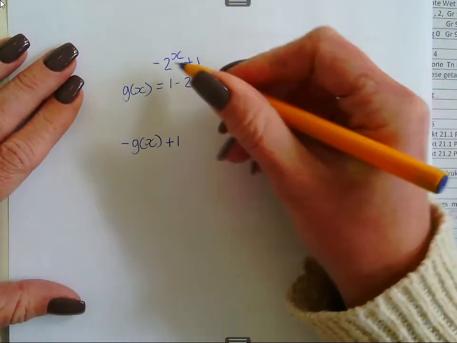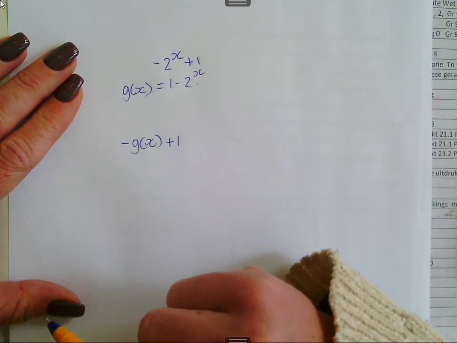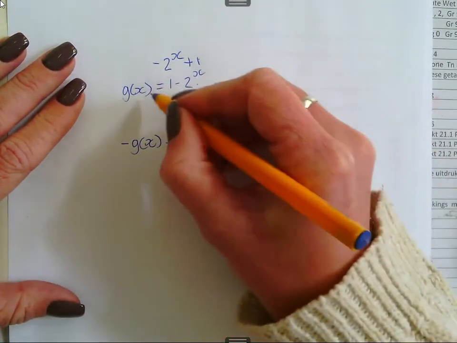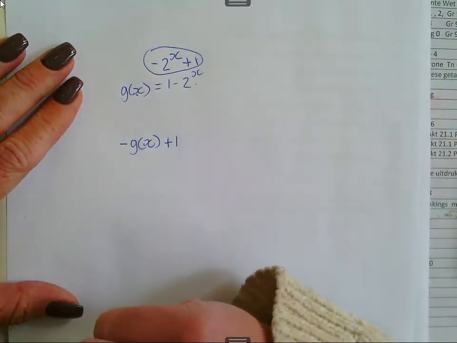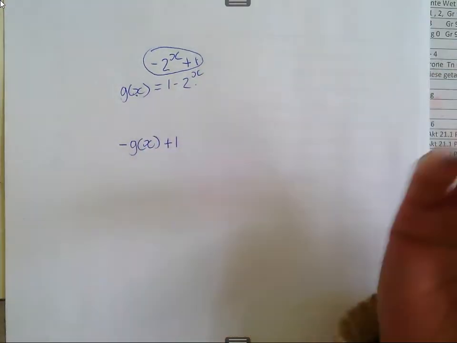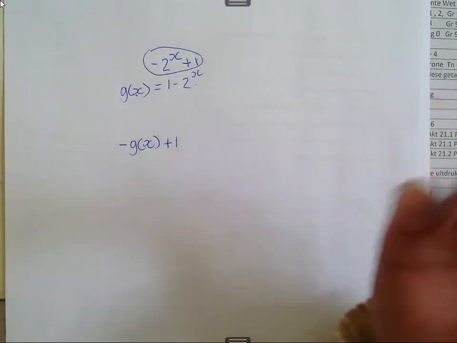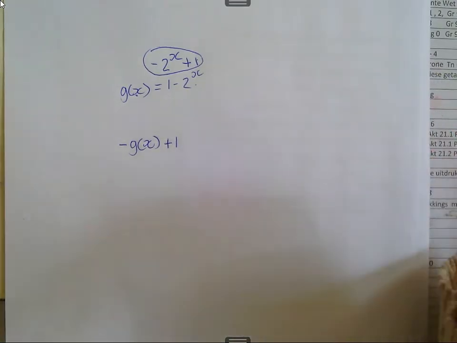Do you want me to use the top one or the bottom one? Top one. Okay. So can you see this thing is g of x? If it looks like that, I can't do anything with it. Negative g of x. There it is. Nothing to be done.